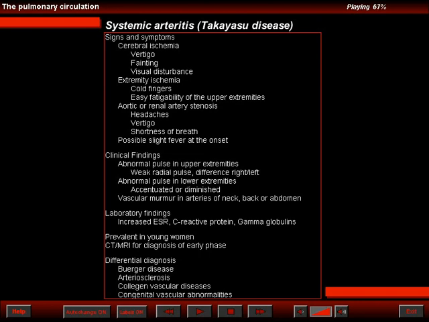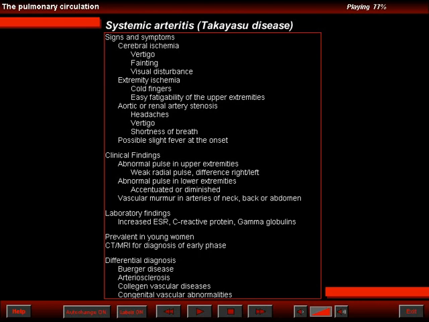An important diagnostic point is the prevalence of this process in young women. We see a lot of these cases in Japan and in China.